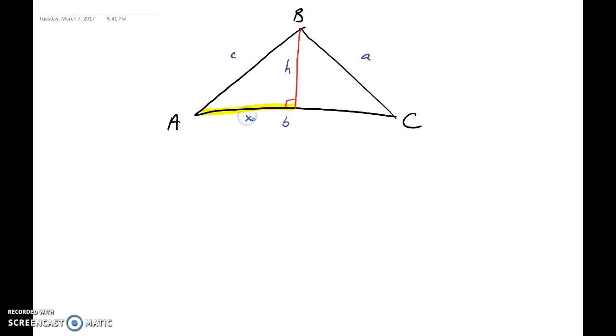So that means this segment we can label as B minus X.